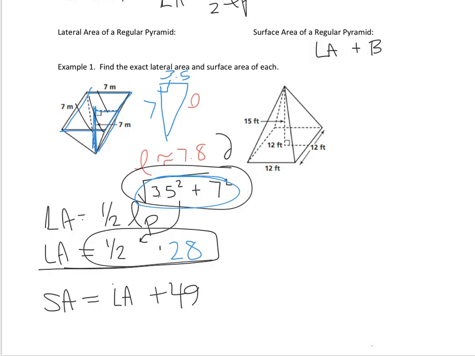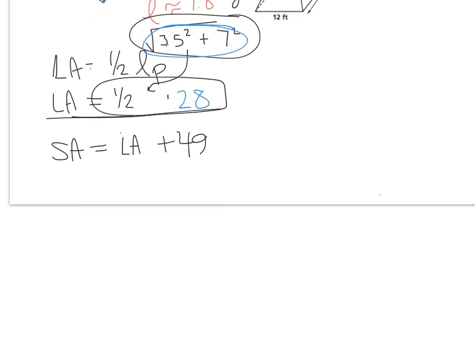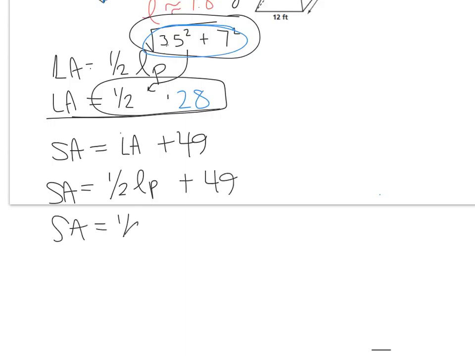So if I'm going to do the exact, I'll move this down, surface area equals 1/2 LP plus 49. Surface area equals 1/2 the square root of 61.25 times 28 plus 49.